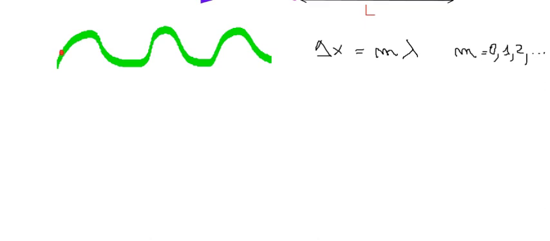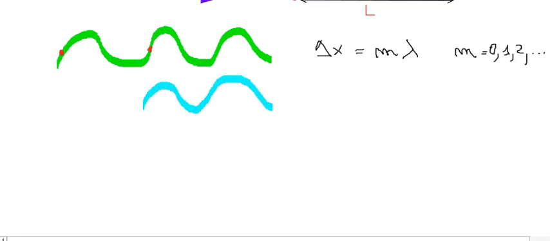So if the second wave starts a lambda farther away, let's say like this, the two waves are meeting together with maximum and maximum, so I will have a constructive interference.